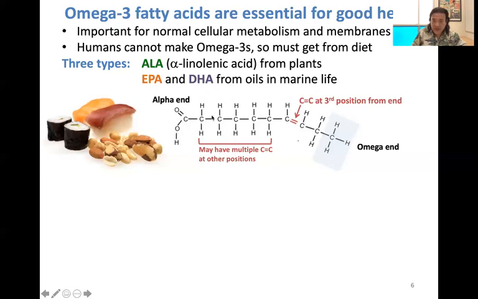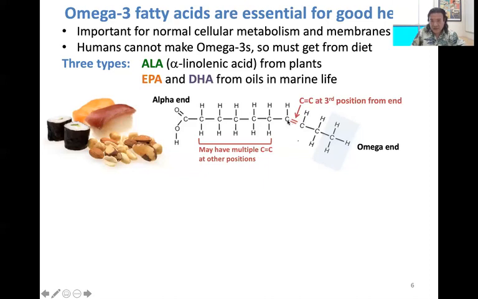Then you have a hydrocarbon chain, and again, this could be variable, so it does not necessarily have to fit this particular picture. But you have a variable chain of hydrocarbons that ends with the methyl carbon at the end, the CH3. So we call this the alpha end, the carboxyl end, and the omega end, the CH3 end.